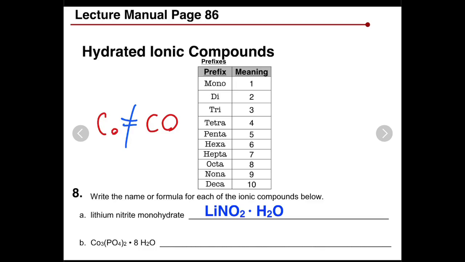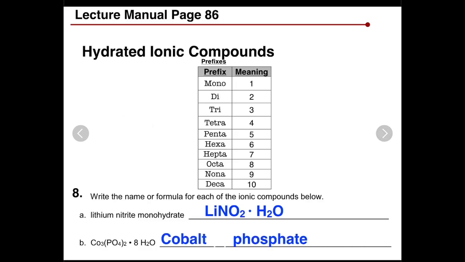In this case, this is cobalt. Cobalt is a transition metal, so you will need to specify the charge with a Roman numeral. What should be the charge of that? That's what we're going to determine. Because we want to determine the charge of cobalt, we need to know the charge of phosphate. If you look up the list of polyatomic ions, you will see that phosphate, PO4, comes with 3 minus.